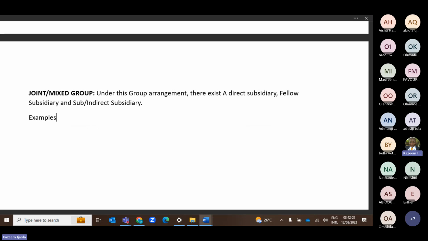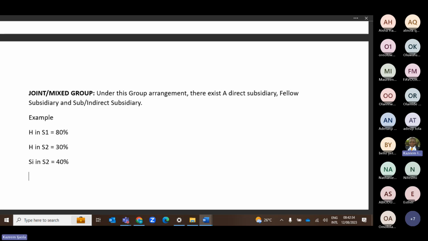Let's take this example. We have H in X1. H owns 80% in X1. Then H also owns 30% in S2. Then X1 owns, let's say, 40% in S2. So this is what we have.